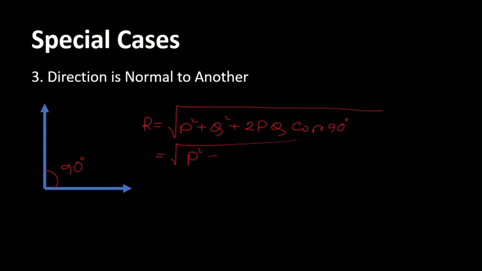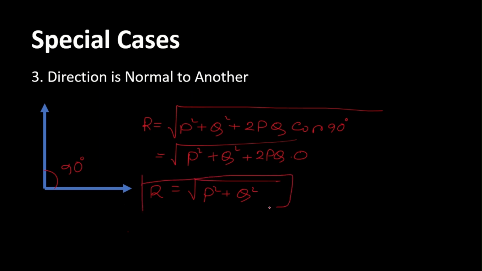So P square plus Q square plus 2PQ into 0. So R equals to root over P square plus Q square. This is basically like the Pythagorean theorem.